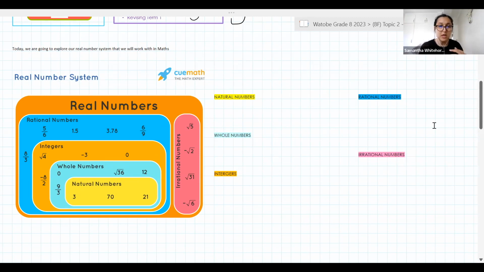Now, in maths, for the most part, we use what we call the real number system. Basically, real numbers are numbers that, I don't want to say are real because that's a very poor description of it, but basically numbers that we can use in some sort of logical way, that have some sort of concrete meaning for us.